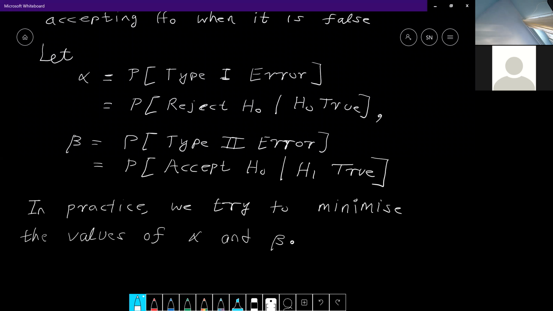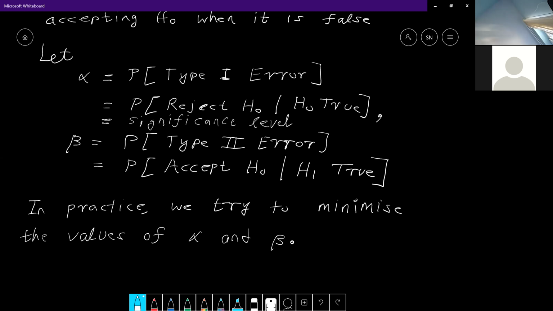Next, one other notation. The alpha is also known as the significance level of a test. So let me write this down. Significance level.